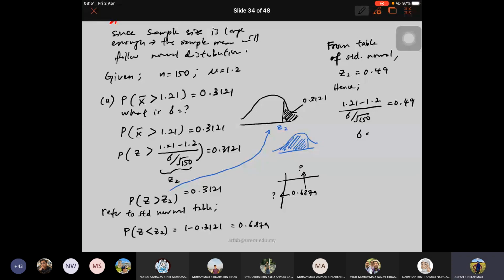Sigma sama dengan berapa? Ada yang dah kira? 0.25. Ya, betul jawapan Syed. Okey. 0.2499 atau 0.25. Okey. Saya lagi prefer kalau ambil 4 titik perpuluhan ni. You ambil 0.2499.